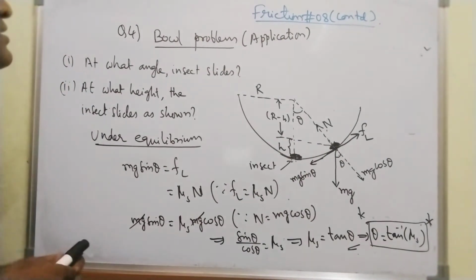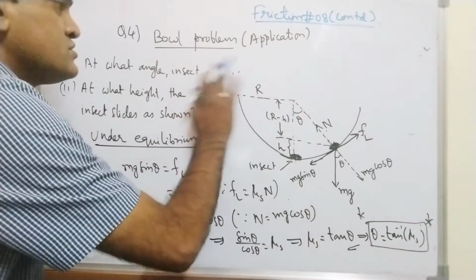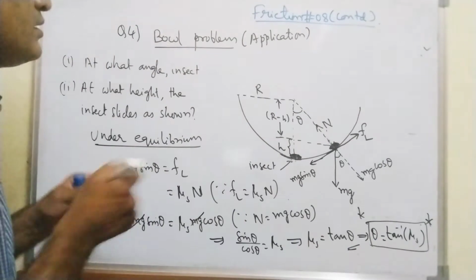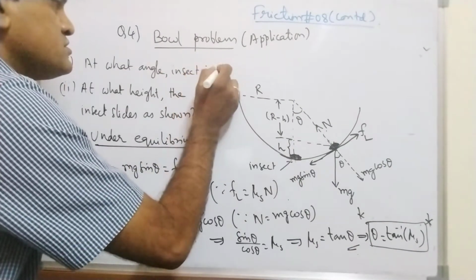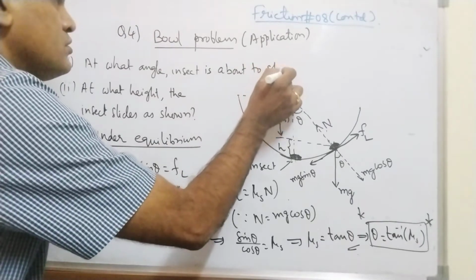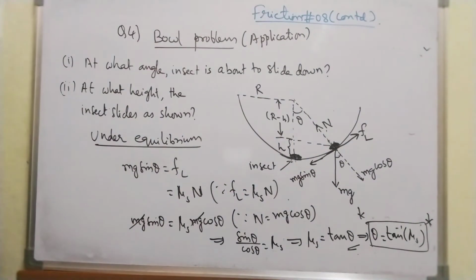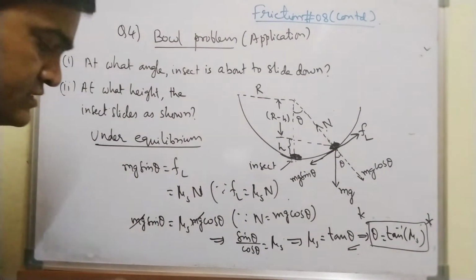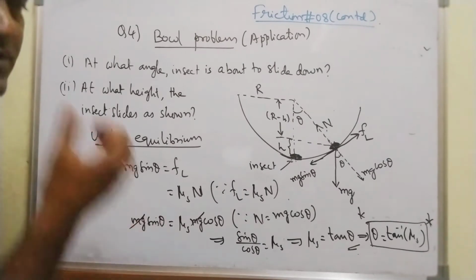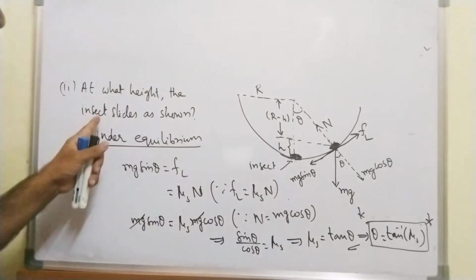In a better way, at what angle the insect is about to slide down. Right? So the angle I got is theta equal to tan inverse mu s. Remember this.